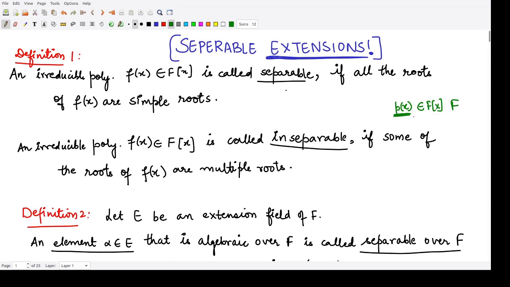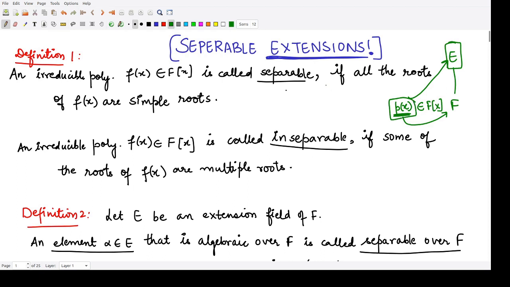You were not able to find the roots for this polynomial f. In that case, we say that we require an extension field where the roots for this polynomial occur. So the extension field is always linked with this kind of irreducible polynomial.